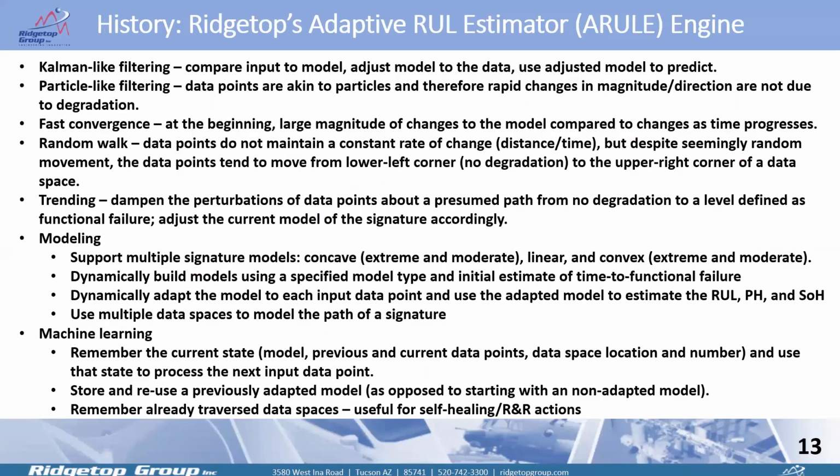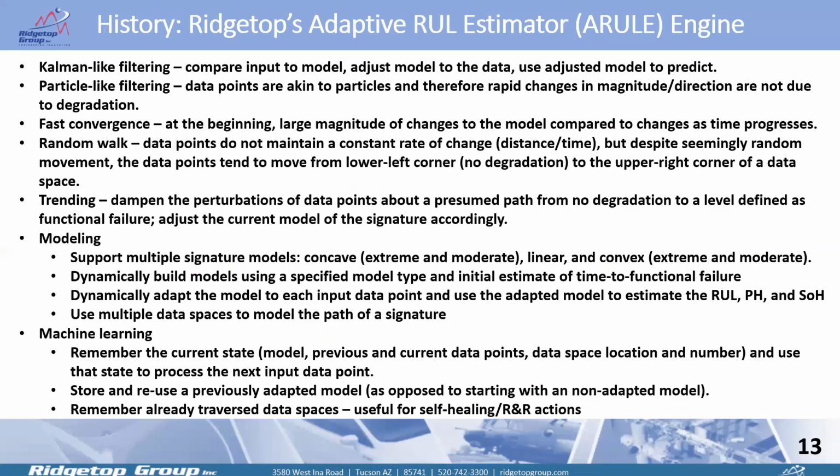Next, Ridgetop, the second stage. Over the years, our second stage, we feel, is state-of-the-art. In fact, best of breed. We use Kalman-like filtering, which is we compare the input to a model, we adjust the model, and we use the adjusted model to make a prediction. We also use the principles of particle filtering.